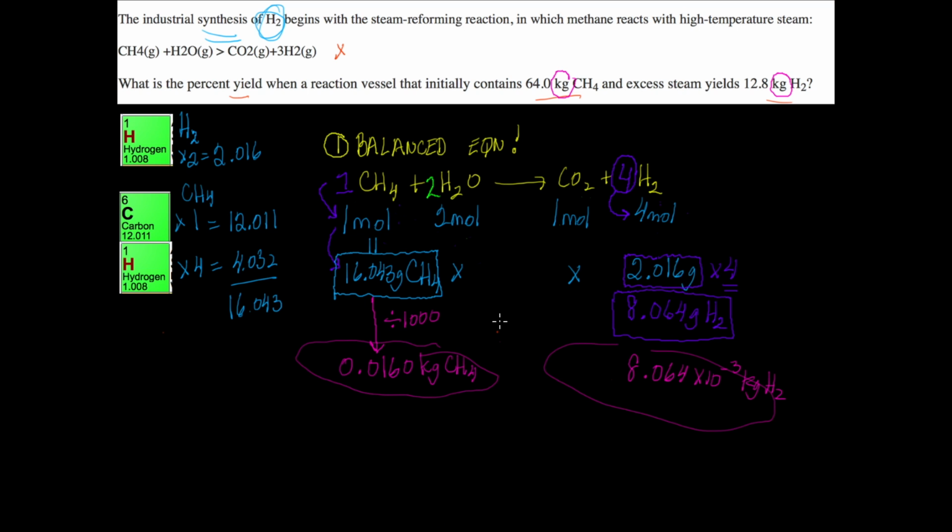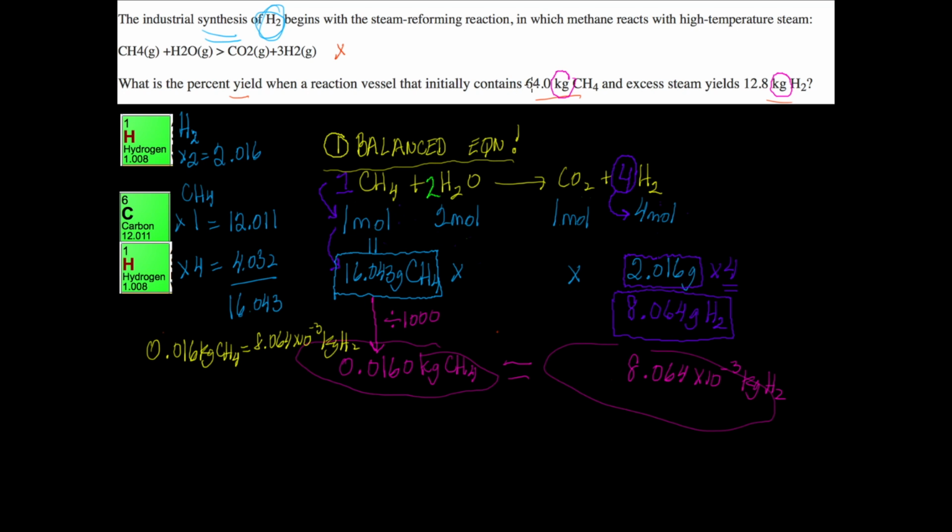These two are equivalent. I'm going to put a huge equal sign here because we know that 0.16 kilograms of CH4 is equivalent to 8.064 times 10 to the minus 3 kilograms of H2. And that's once again related back to the balanced chemical equation.